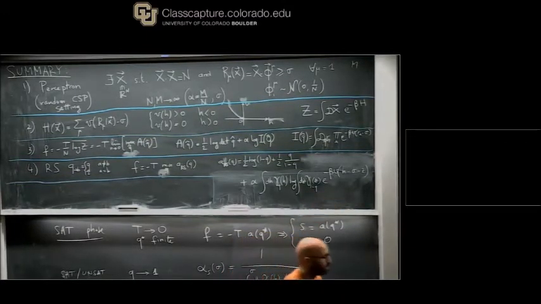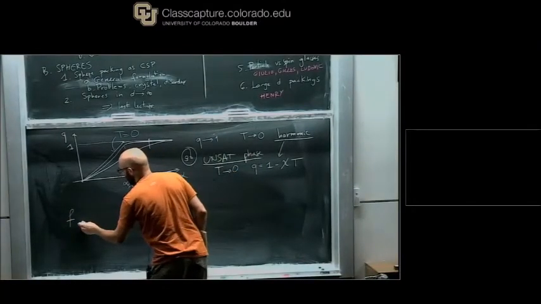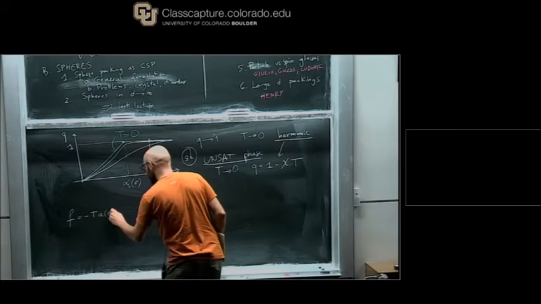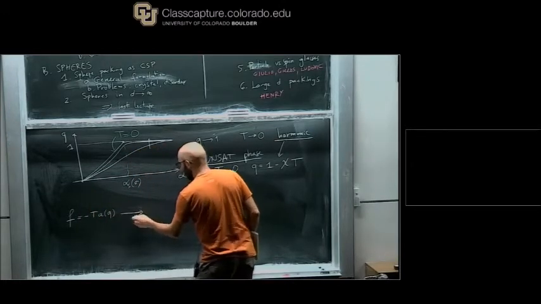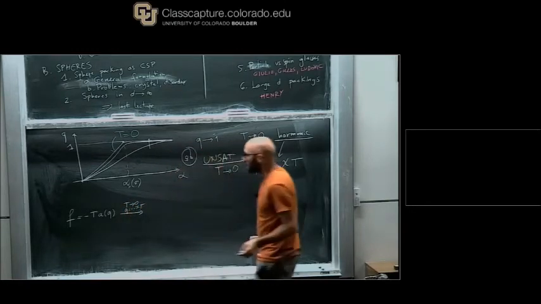It's easy. I will not do it in detail, but I will just give you the result. If I take this limit and I take the free energy, which is minus t times A of q, with t going to 0 and q equal to 1 minus chi t, what do I get?